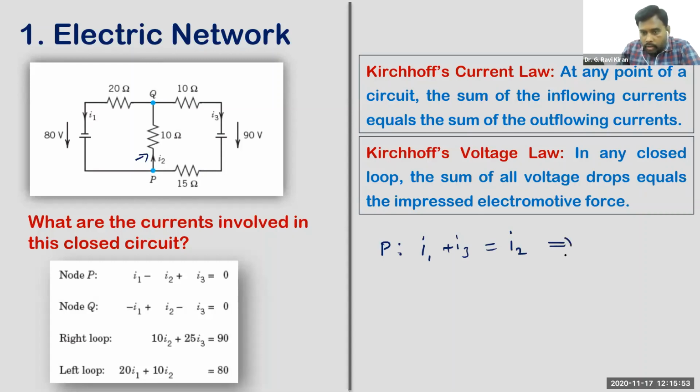From this, you can write one equation: I1 minus I2 plus I3 is equal to 0.